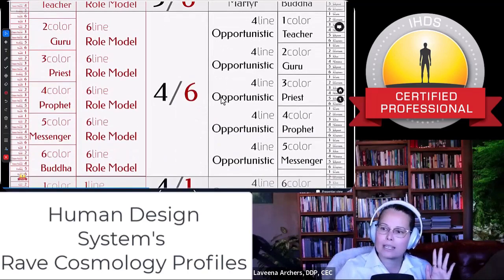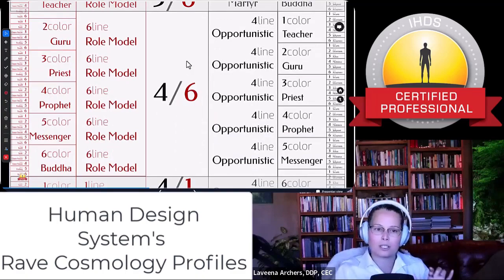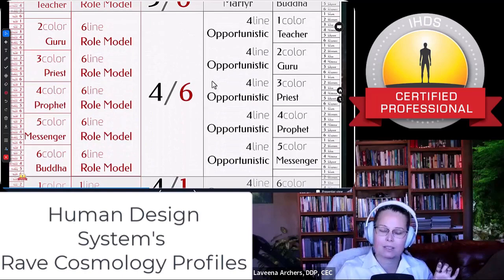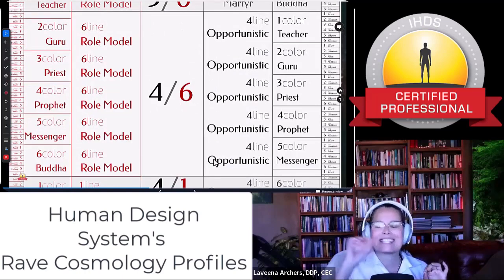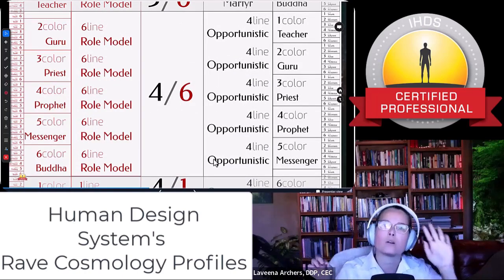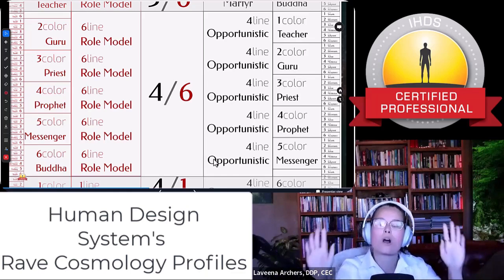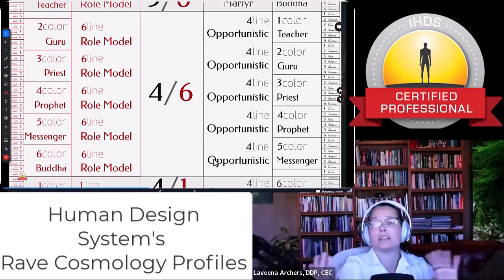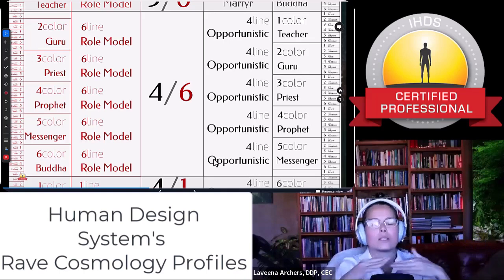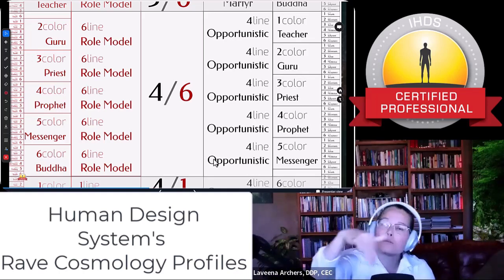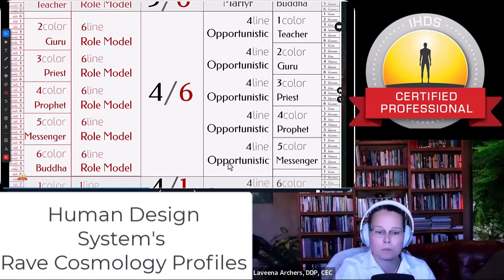What we look at here is in this 4-6, again, another one, just like what we had up here with the 3-5, with this 4-6, the dissonant profile, meaning the line qualities of the personality and the line qualities of the design do not harmonize, and we have no resonant profiles, otherwise we would be stagnant and stuck, we would not evolve. This is for the evolutionary process of the human species.